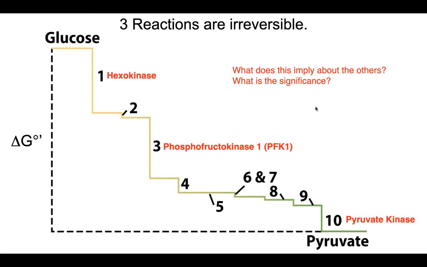So I have 2 questions I'd like you to ponder. What does this implicate about all of the other reactions, the other 7 reactions? And what's the significance of this? Because what we're going to be looking at a little bit later is something called gluconeogenesis, a way to convert pyruvate, 2 pyruvates, into glucose. How many of those enzymes can we use in just the other direction? And what do we do about the enzymes that we can't use? I'm not going to go into the answers to that, but I want you to think carefully about it.